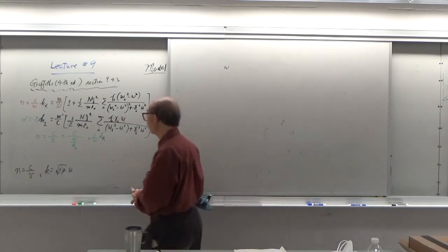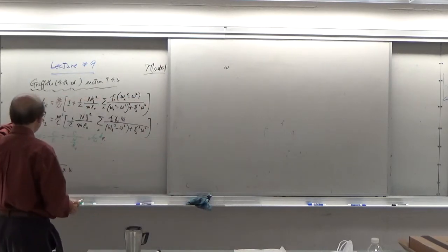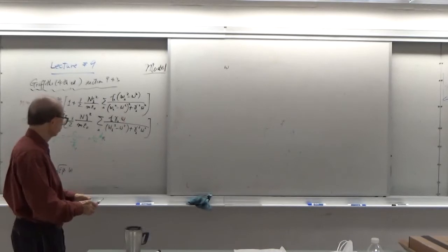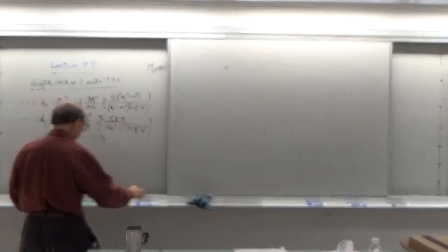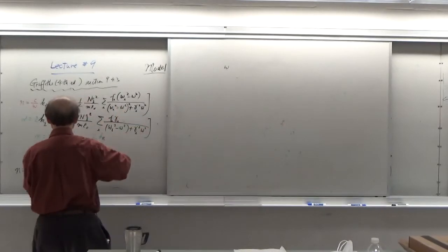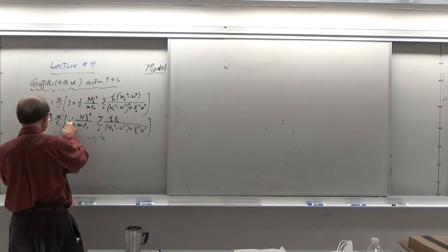All right, let's take a look at n, the index of refraction, and alpha, which is given by this. This gap is gone, and this half is gone.